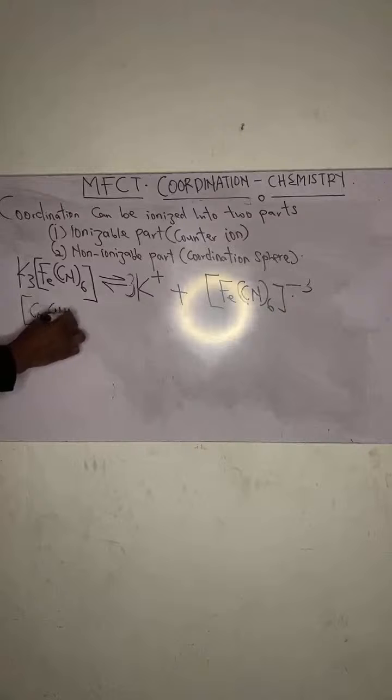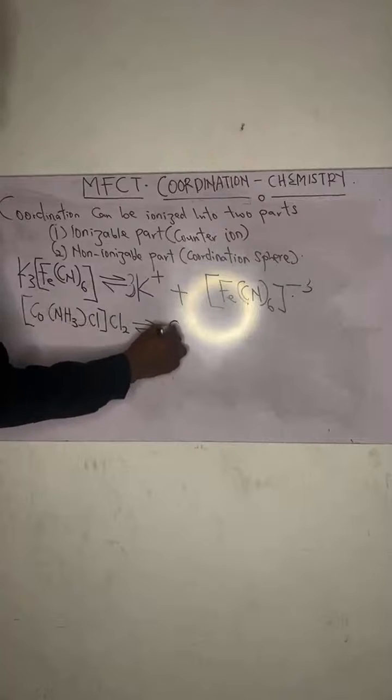Now let us look at another example. Let us take this for an example: Co(NH3)Cl2. If you look at this particular example here, we may be asked to ionize this particular compound.